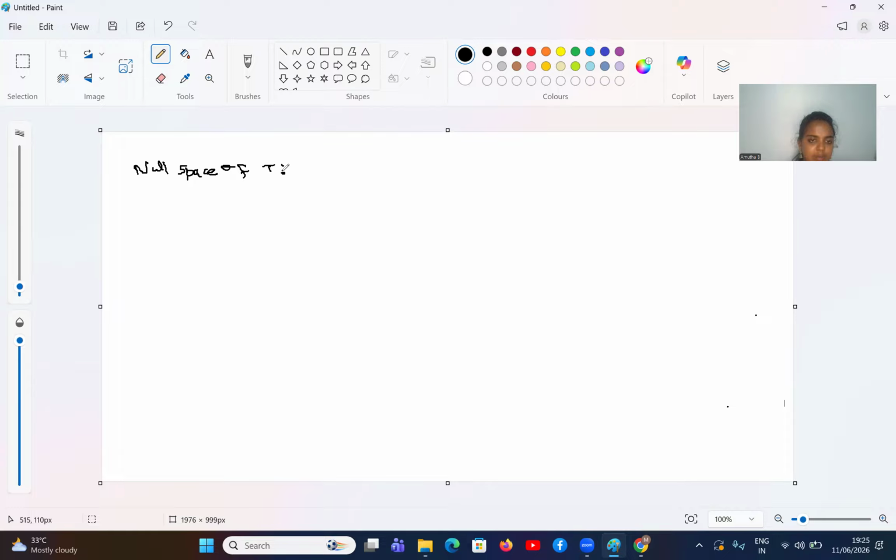T is a linear map, a map T from V to W. Null space is denoted as N of T, which is equal to the set of all x belonging to V such that T of x equals 0.